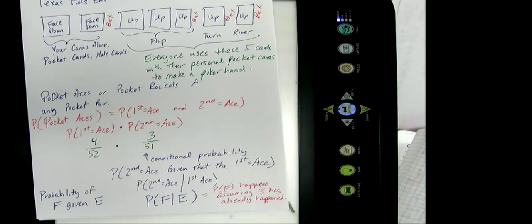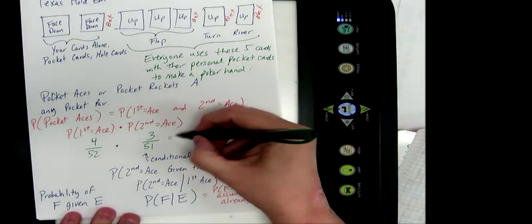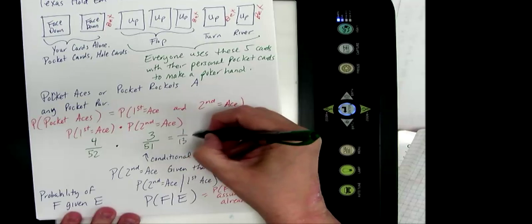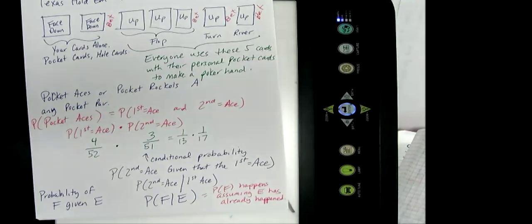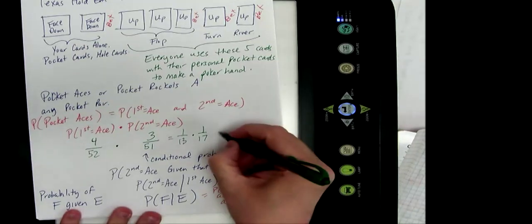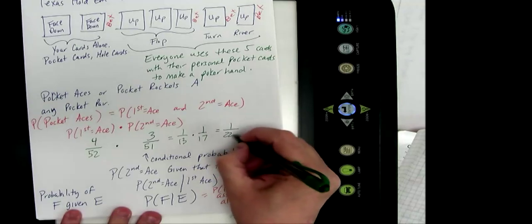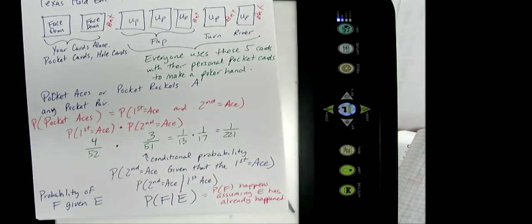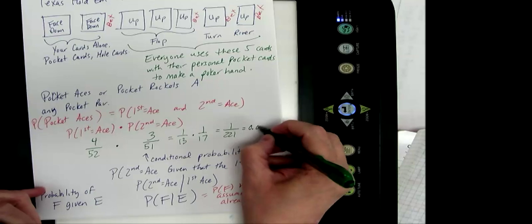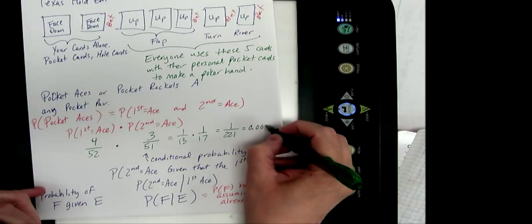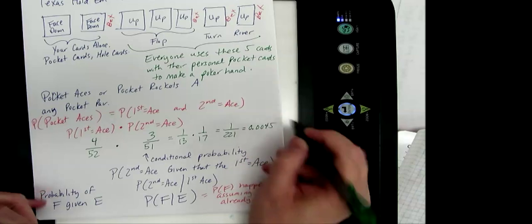Well, to finish this out, 4/52 simplifies into 1/13. And 3/51 simplifies into 1/17. And if you multiply 13 and 17 together, you get 1/221. If we put that as a decimal, 0.0045.